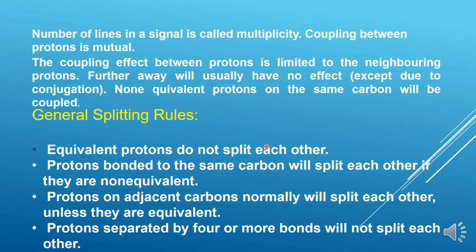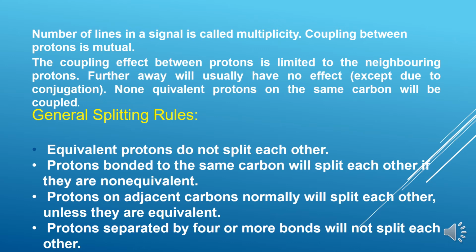If it is separated by three sigma bonds, then splitting is there. If it is separated by four or more bonds, then splitting doesn't take place. It will have less influence.